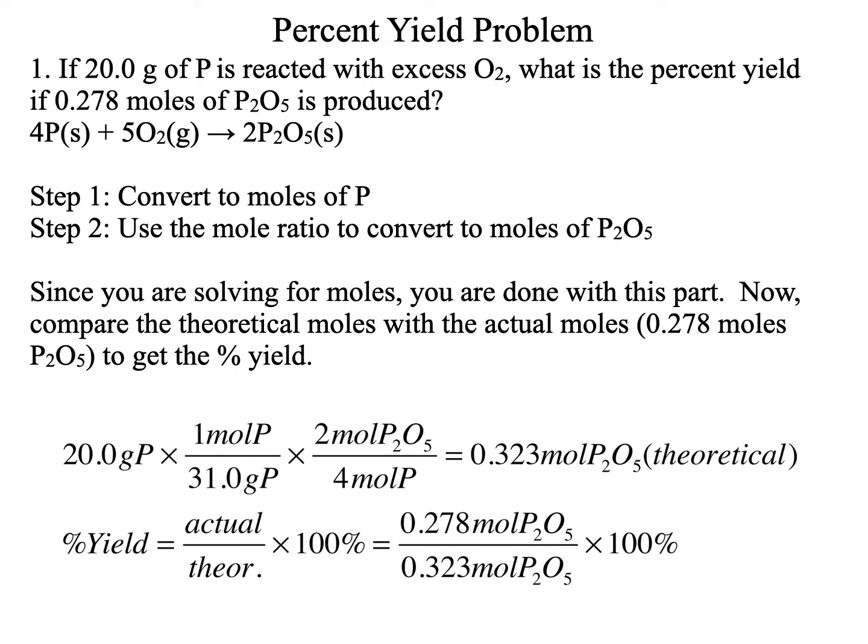So when you do the math, 0.278 divided by 0.323 times 100 gives us an 86.1% yield. That's pretty good. When you're doing this, you can never have an actual yield greater than the theoretical yield because that would mean you're getting more out than is possible according to the law of conservation of mass.